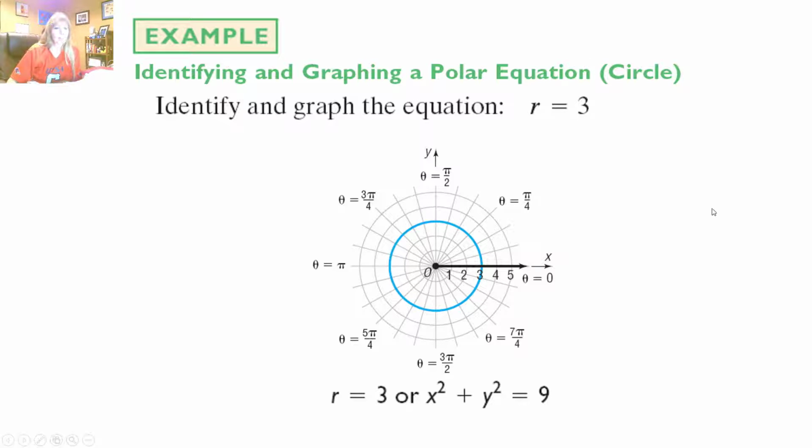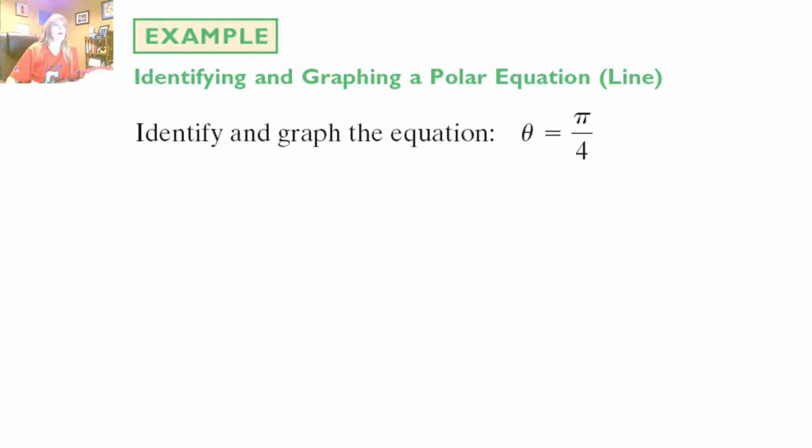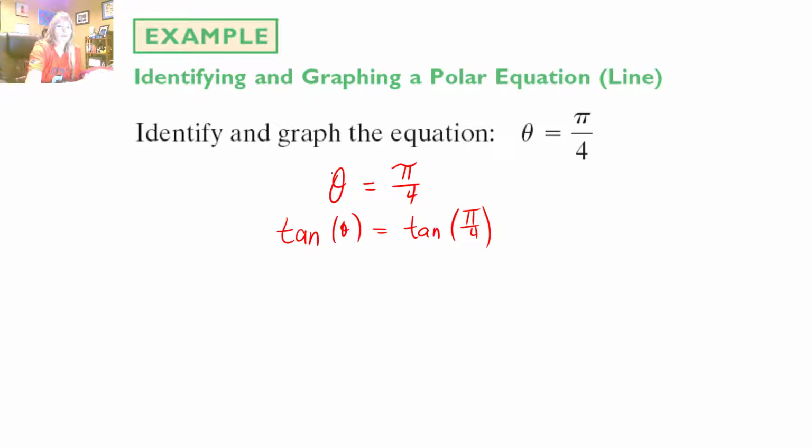Good job. All right, if I have another one, I want to identify this graph: theta equals pi over 4. What I'm going to do is take the tangent of both sides. Crazy algebra stuff: do something on one side, you have to do it to the other. Now remember, the tangent is the same thing as y over x.